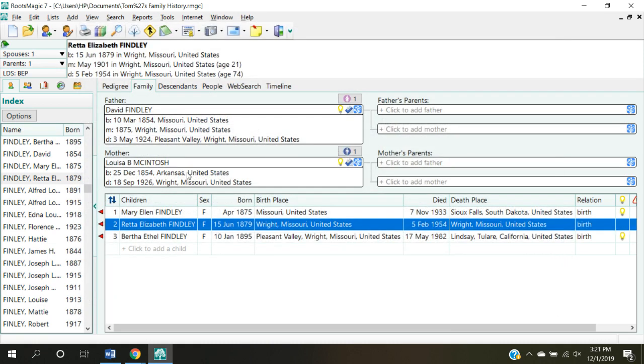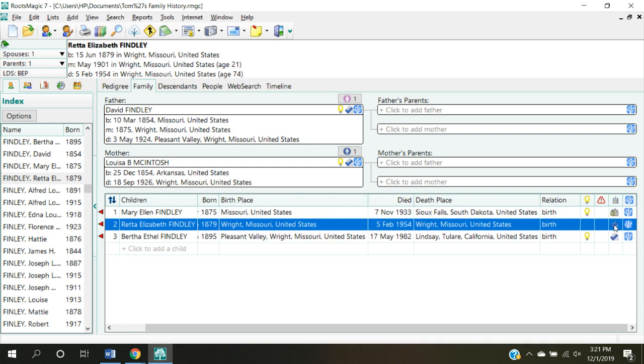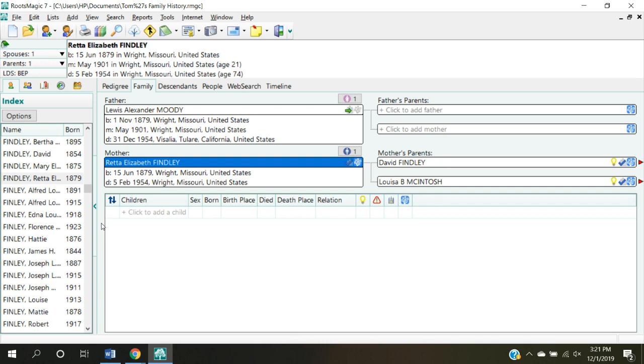So now I have Retta done. I already know that her work's done. Now I'm going to go to her husband by clicking that red arrow. You'll notice that she's not been transferred to the Family Search database yet, but she has. So are her parents.